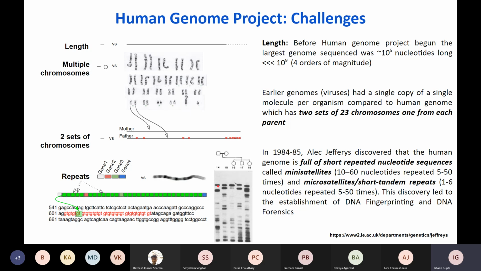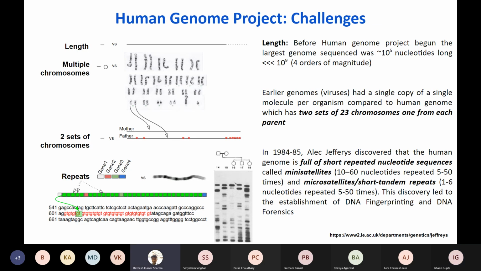You can see that the DNA of the children is going to be a combination of the mother and the father. So a lot of times this DNA forensics was initially used to determine paternity. A lot of these paternity tests still follow DNA fingerprinting using microsatellite or minisatellite repeat regions. Yes, Ratnesh.